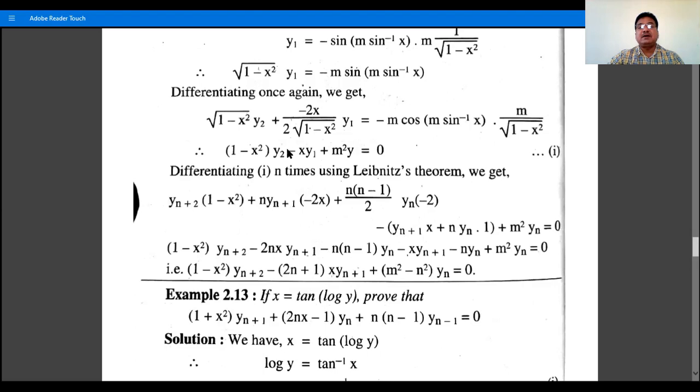So in bracket, again this y1 is u, x is v, and the first term is nC0, that is 1, un, which means the nth order derivative of y1 is y(n+1), into v as it is, plus the next term is nC1, whose value is n, and then u(n-1), which means the n minus 1th order derivative of y1, that is 1 plus n minus 1, yn, into v1. v1 means the derivative of x is 1.